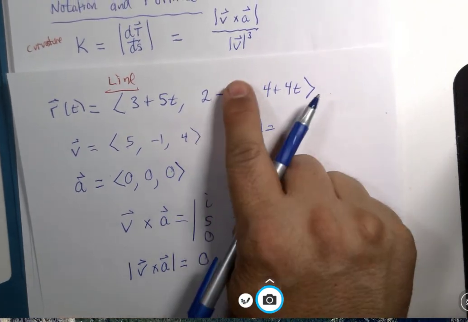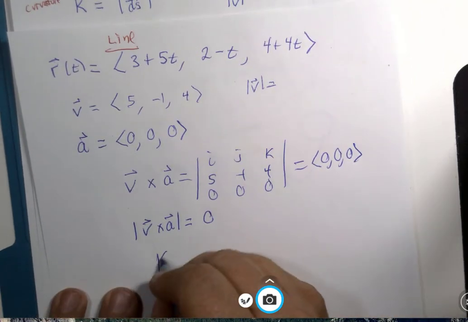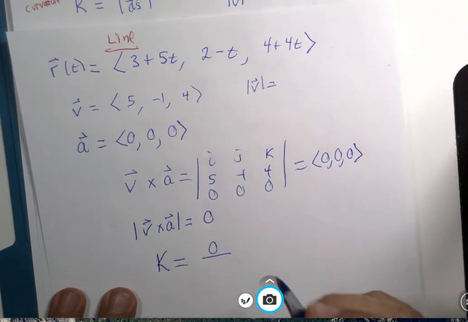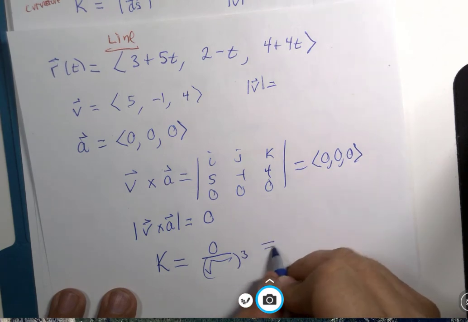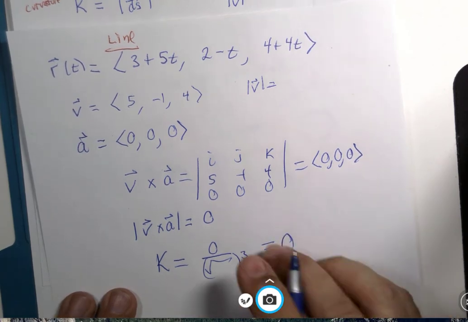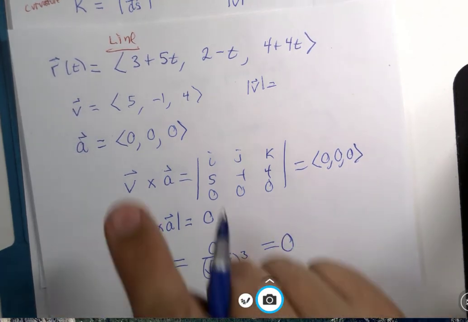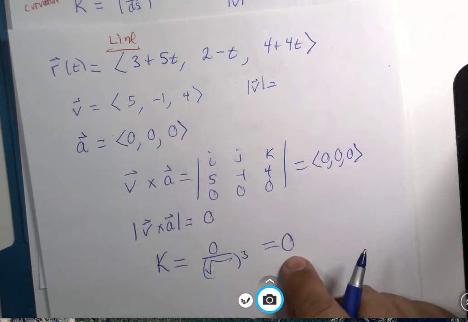So that means my curvature formula is going to be 0 over something, maybe a square root cubed. But that's going to be 0. The curvature of a line is going to be 0.